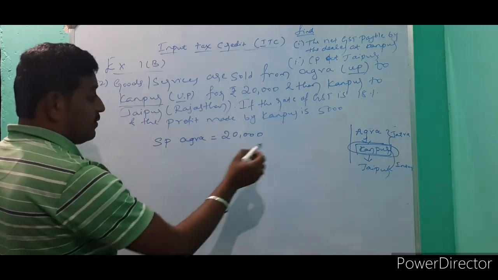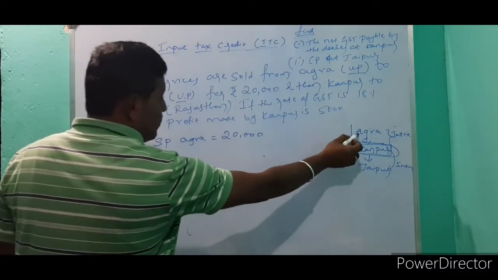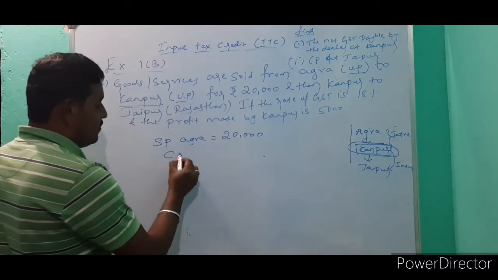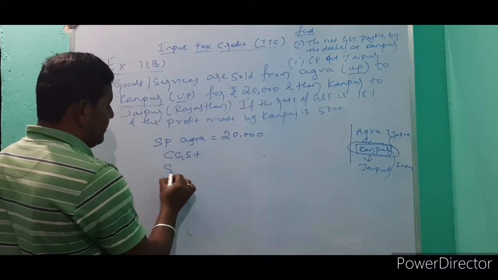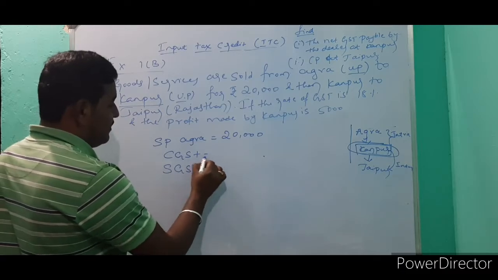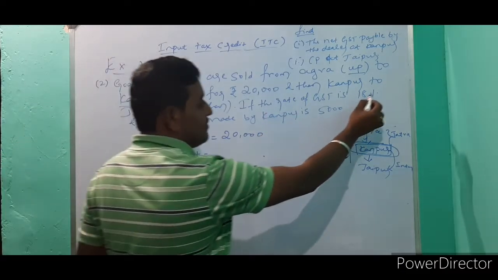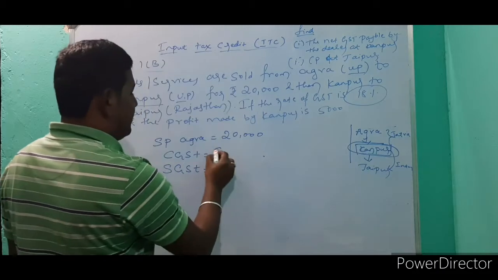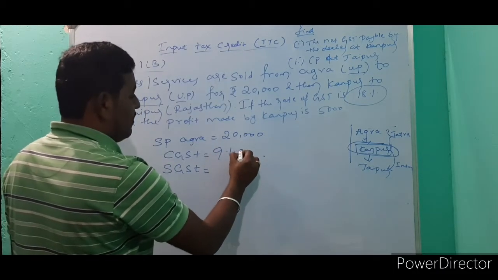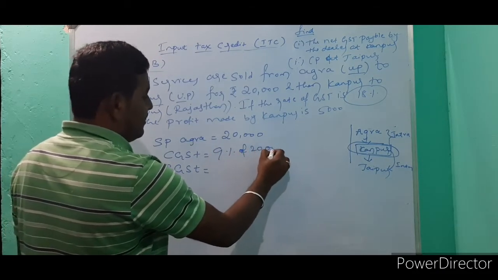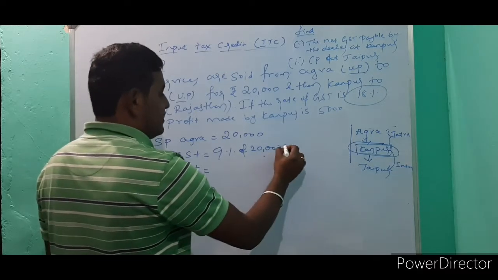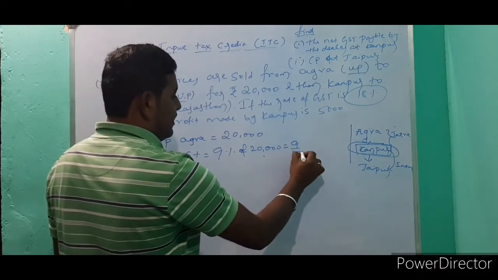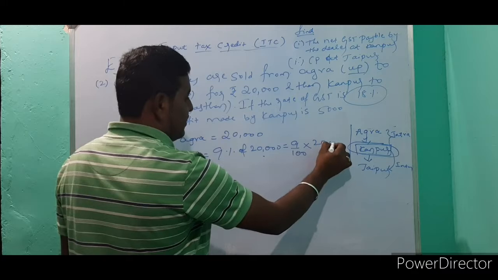Agra to Kanpur is intrastate, so we have to find CGST and SGST. The rate of GST is 18%, that is 9% of 20,000, which equals 9 divided by 100 into 20,000.